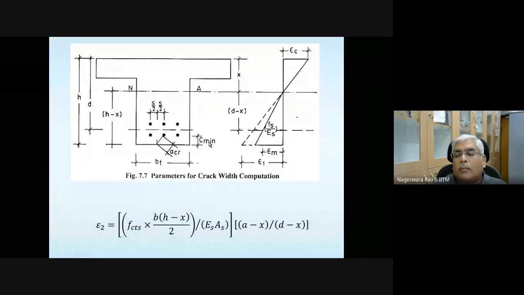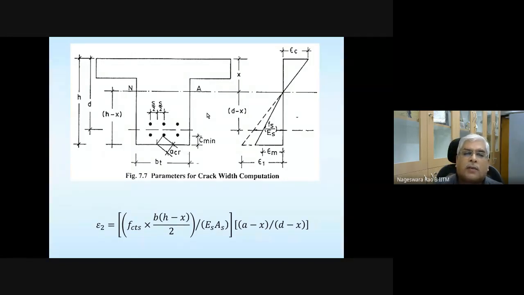This is a general beam, or a flanged section is shown here, just to make the section more general. And if your section is rectangular, then these flanges are not going to be there. So this is a flanged section. Okay, that is what is shown here. And h is the overall depth. Small h is the overall depth.